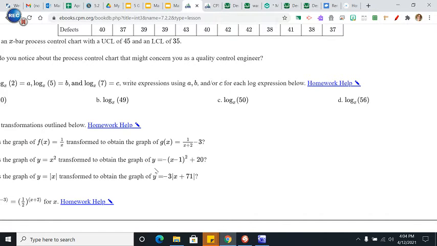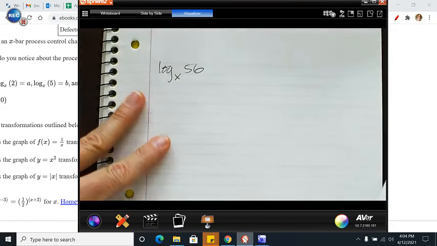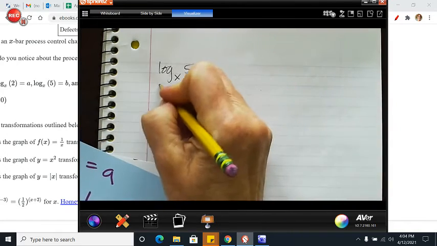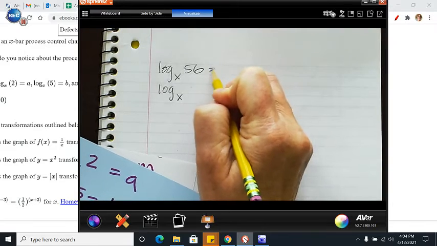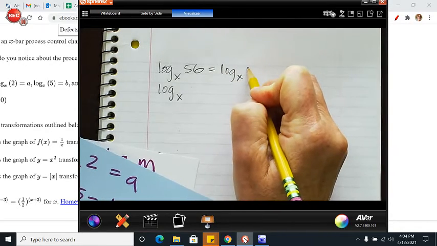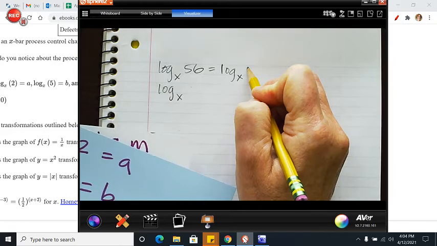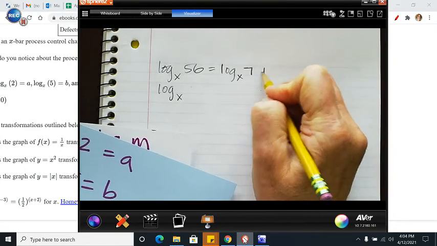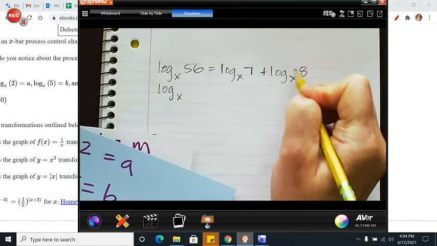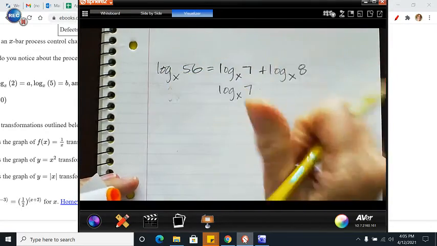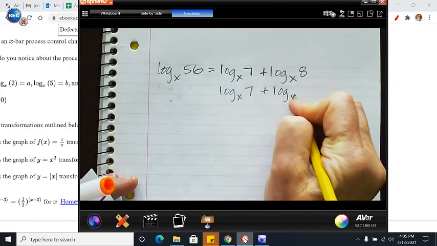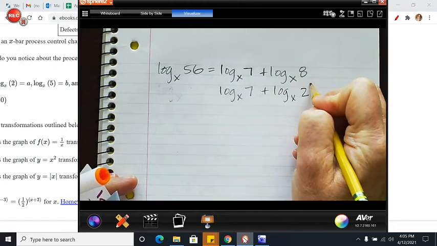Let's see, log base x of 56. So you could rewrite that as log base x of, let me write it right here, log base x of 7 plus log base x of 8, and then log base x of 7 plus log base x of 2 to the 3rd.